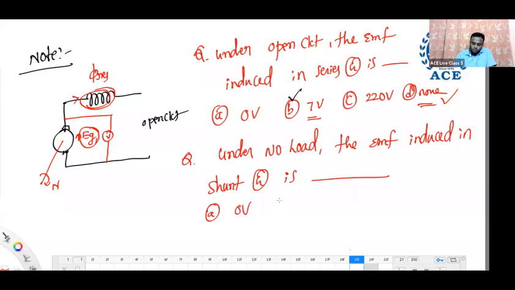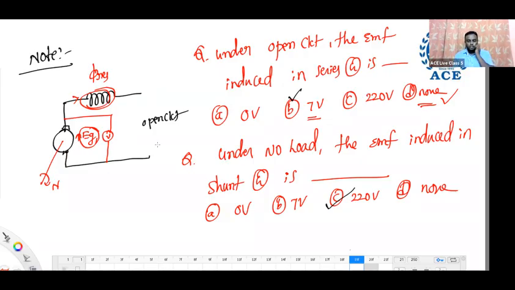Same options: 0 volt, 7 volt, 220 volt, none of these. Yes, very good. The answer is 220 volts. Don't say 0 here. You never get 0 in self-excited generators under open circuit or no load condition.